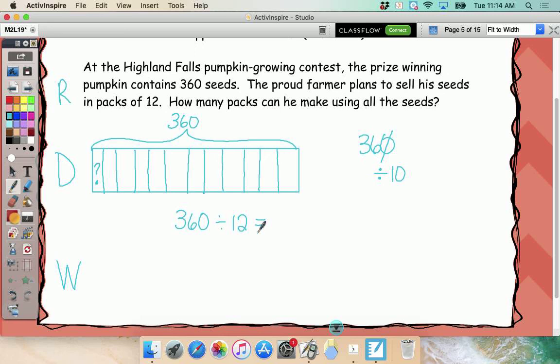Okay? Now, I'm going to show you what that looks like using the distributive property, my favorite property. So I could decompose this as what? 36 times 10. Write it down. And then divided by 12. This is what really happens, okay? I don't really take that 0 off. I just move it. So I'm going to move that 0 to the end.